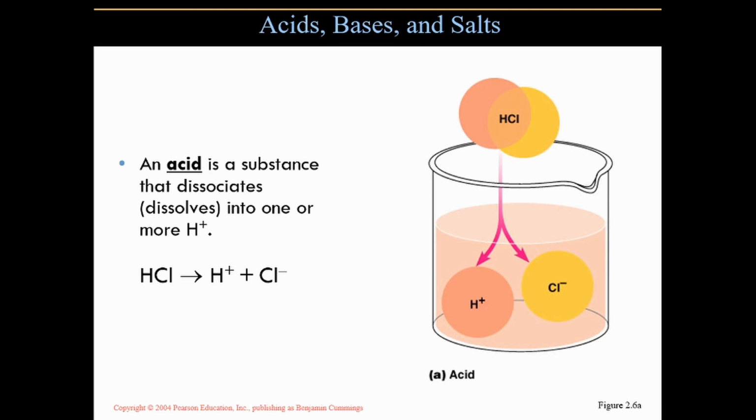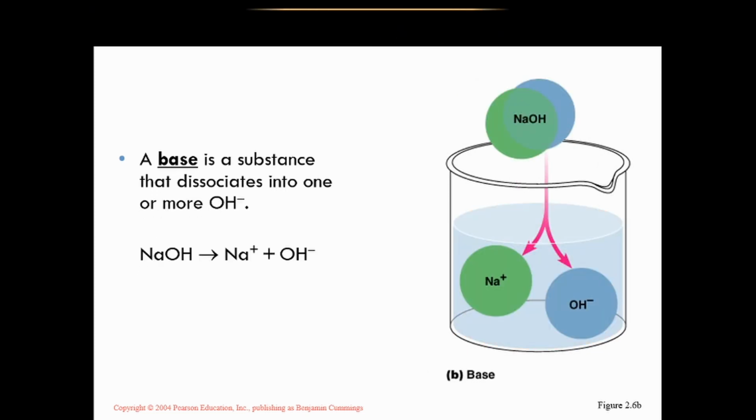Acids, bases, and salts. An acid is a substance that dissociates or dissolves into one or more hydronium ions. That's what the H plus is. For example, hydrochloric acid, when put in water, will dissolve into hydronium ions and chloride ions. If a substance does break down and release hydronium ions or increase the hydronium ion concentration, we call that an acid.